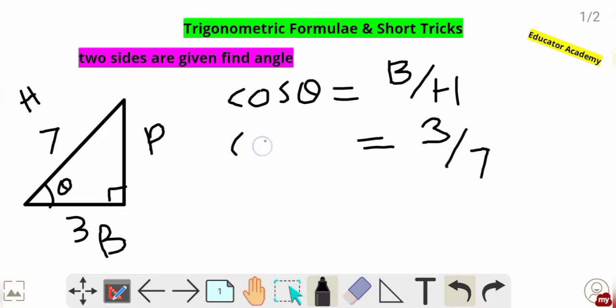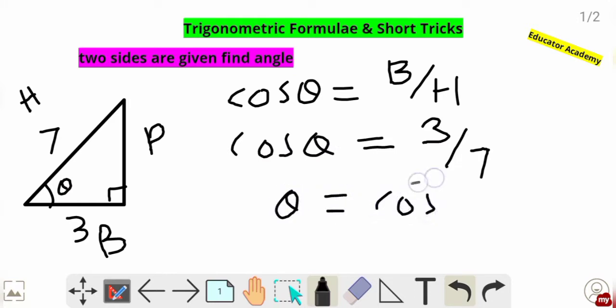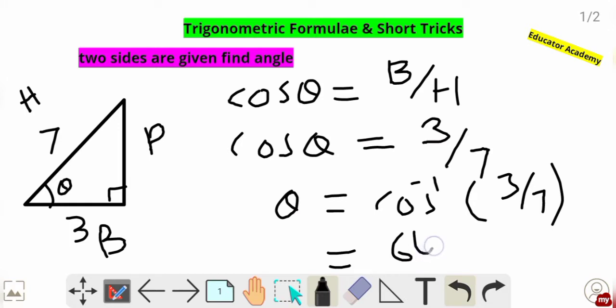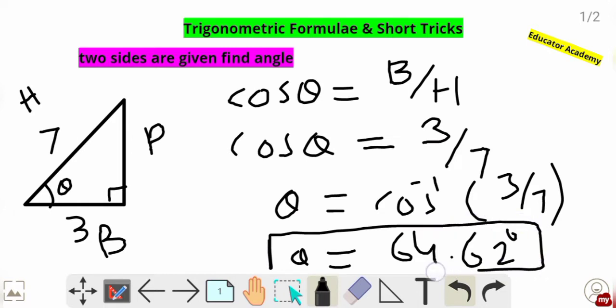So cos theta is equal to 3 by 7, and theta is equal to cos inverse 3 by 7, which is equal to 64.62 degrees. This is our right answer.